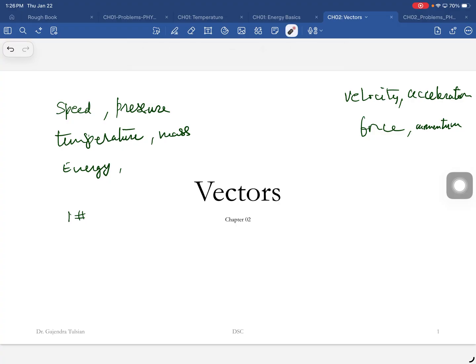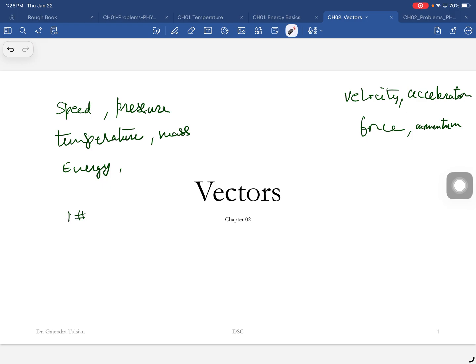When you want to get to know a mathematical quantity, you learn to add it, subtract it, and multiply it. That's what this chapter is about. We'll learn how to add, subtract, and multiply vectors.